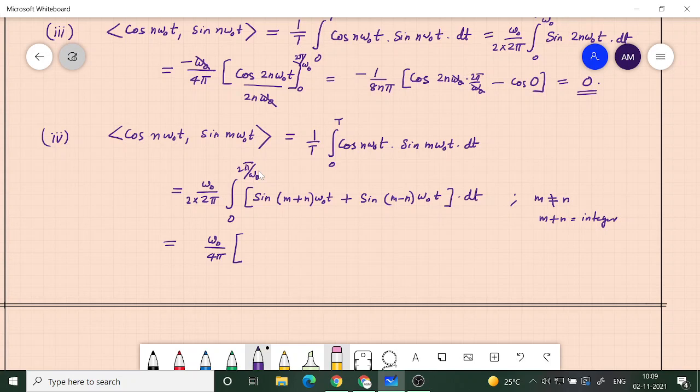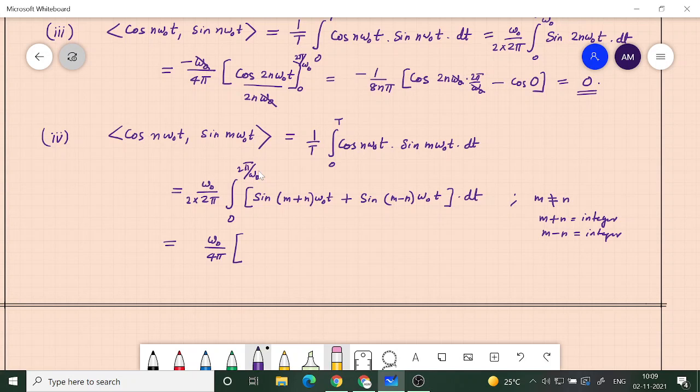Say 1 and 2 or 3 and 4: when you add 1 and 2 you get 3, 3 and 4 you get 7. So m plus n is an integer and m minus n is also an integer. For 1 and 2 you can get either minus 1 or plus 1. Okay, so it will all be integers. The difference and the sum will be integers.